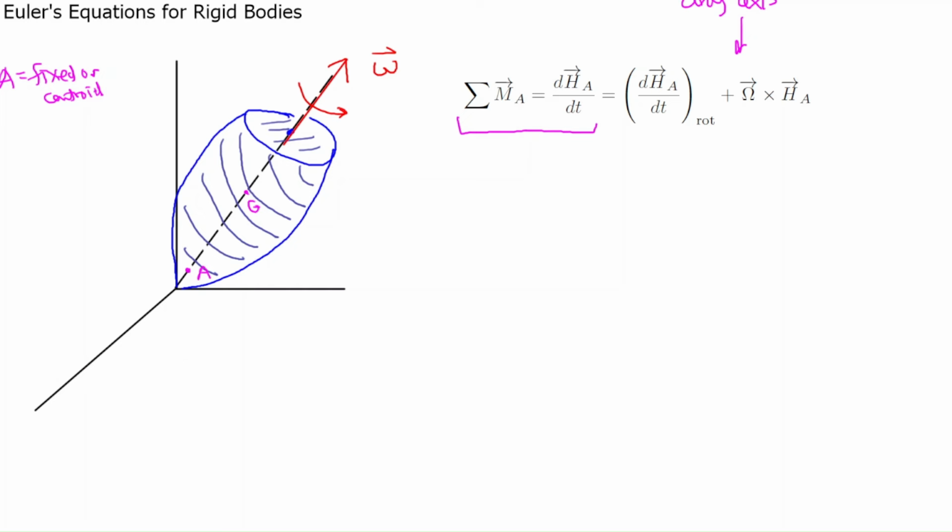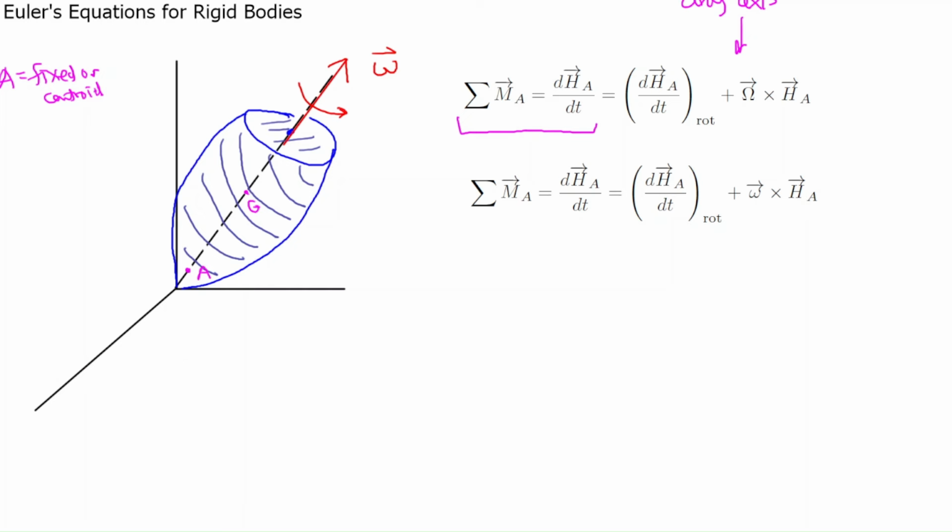In other words, we're going to place ourselves in the same frame as the rotating object. So that capital omega merely becomes the lowercase omega here, the rate of rotation of the rigid body itself.